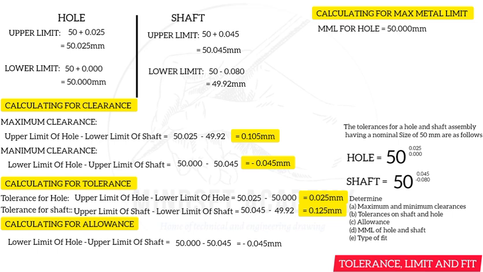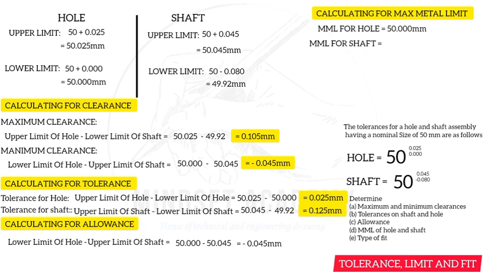The 50. That is the diameter there. We are taking the nominal diameter. While the maximum metal limit of the shaft is the same thing as saying the upper limit of shaft, which is equal to the lower limit of hole minus the allowance, right?